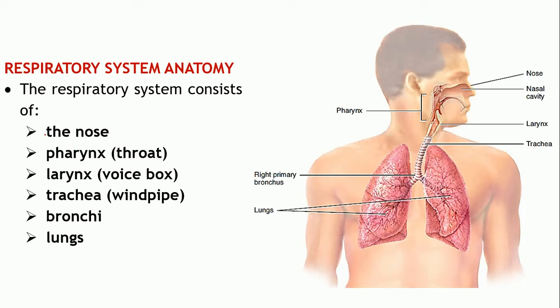In the last video we have considered the nose, which is the entrance for the air which we inhale. So we shall consider the next part today, that is the pharynx, or it is also known as throat. This is the one.